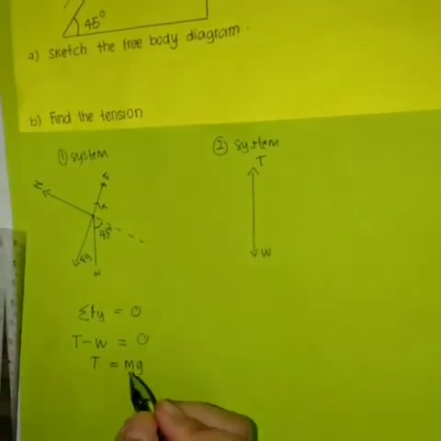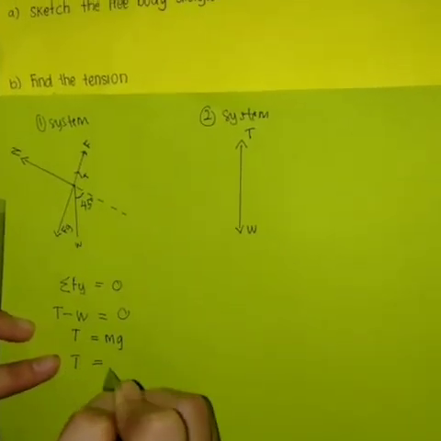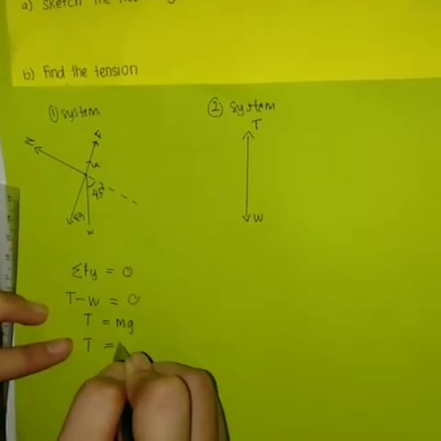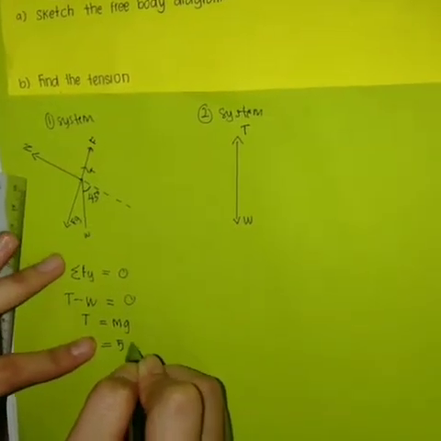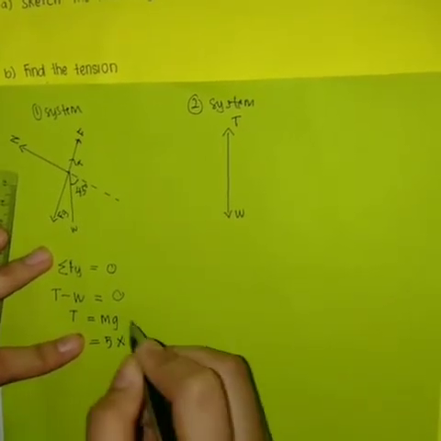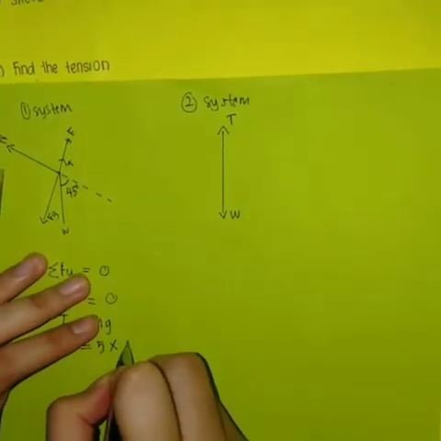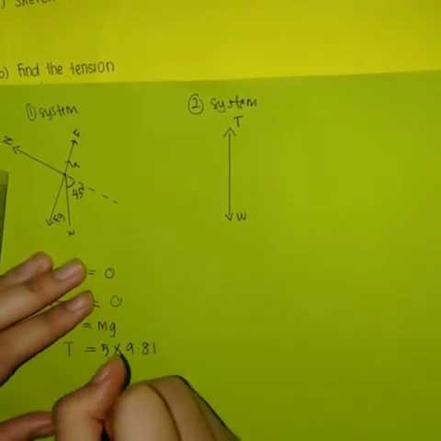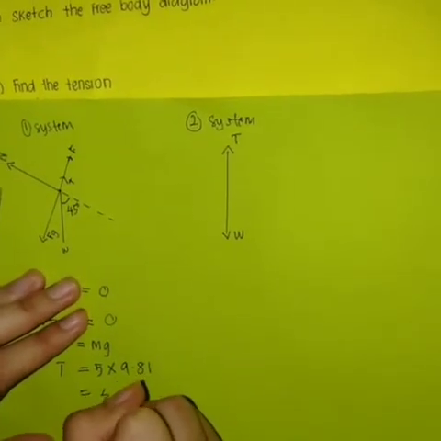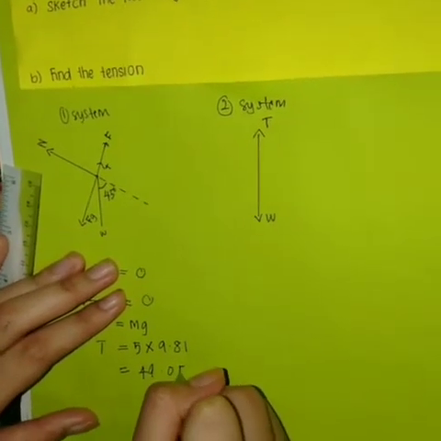So we use T equal to 5 kilograms times gravity 9.81, so we get 49.05.